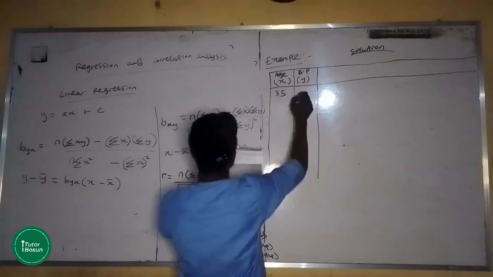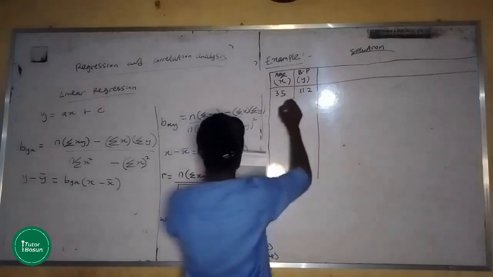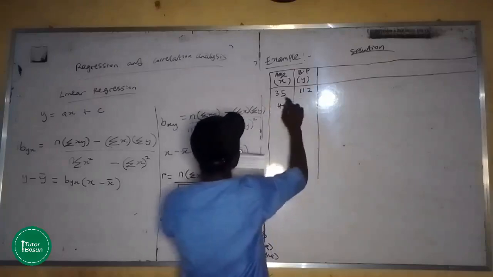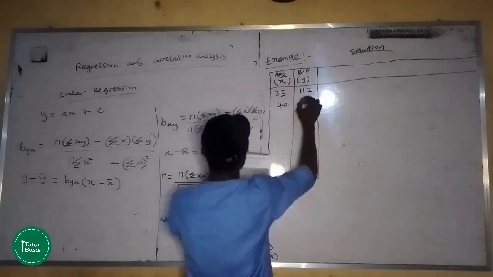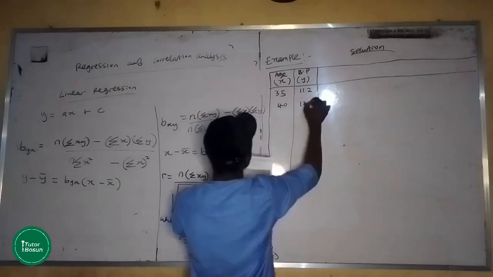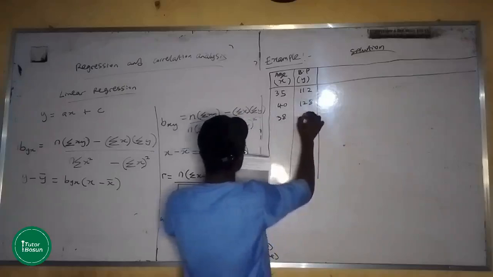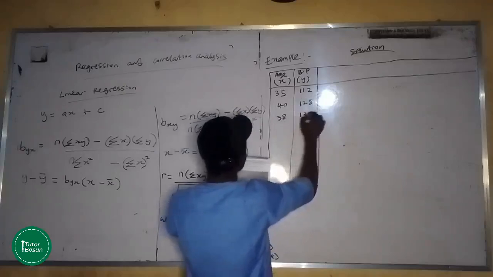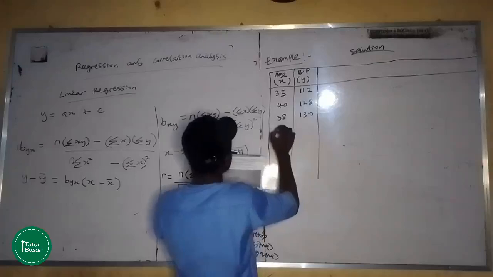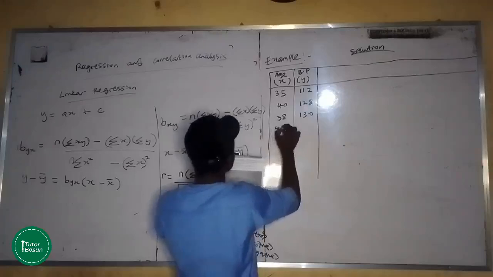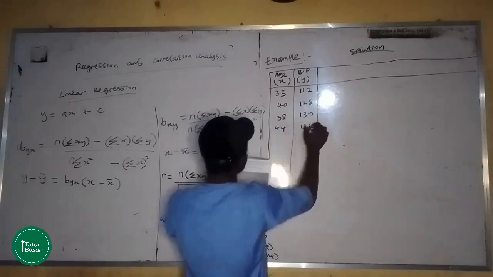The corresponding blood pressure is 112. Here we have 40. The corresponding blood pressure is 128. Here we have 38. The corresponding blood pressure is 130. Here we have 44. The corresponding blood pressure is 138.